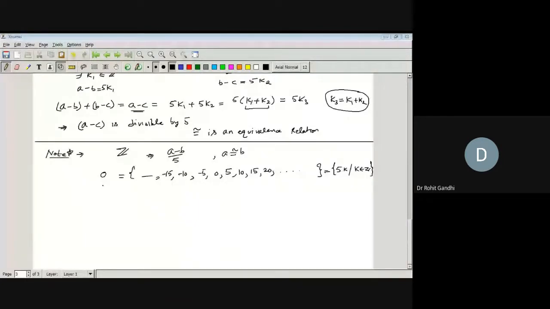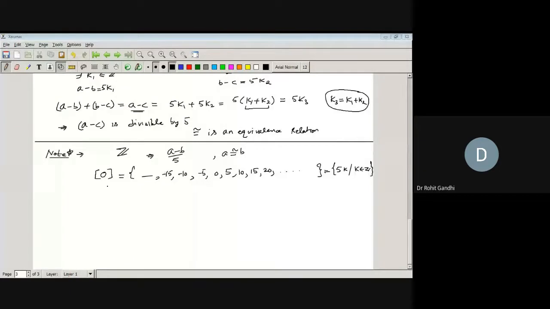If I collect all the elements which are in relation with a particular element, I will call that set the equivalence class of that element, and I will write it in rectangular brackets. So here we have the definition of equivalence class: we see which elements are related to that particular element.